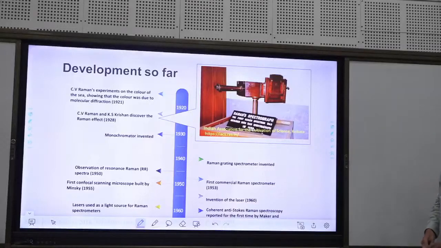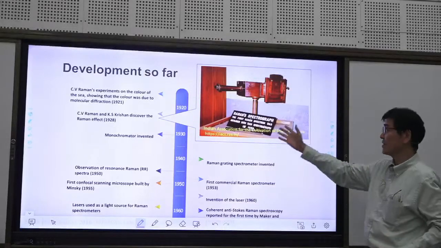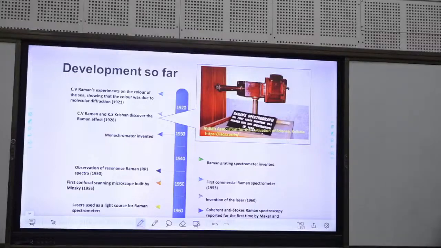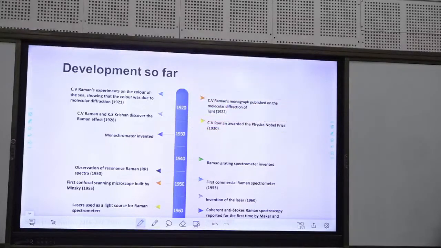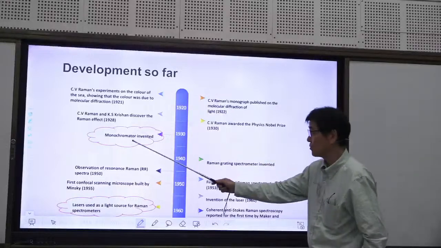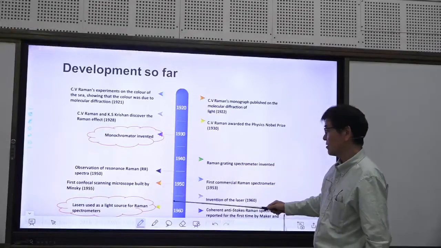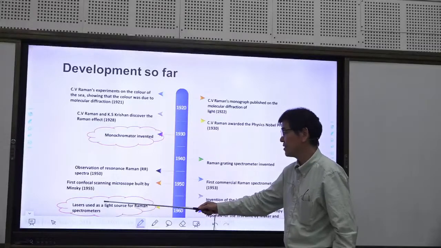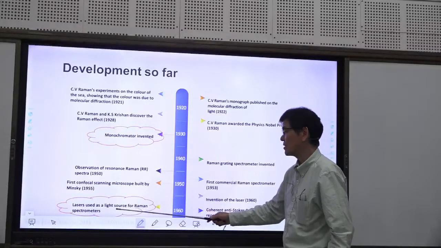Okay? Then, after the finding of the Raman effect, several apparatus have been developed. One is the monochromator. In the 1960s, lasers were used as a light source for Raman spectrometers.